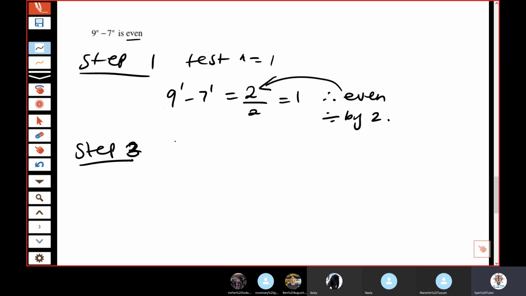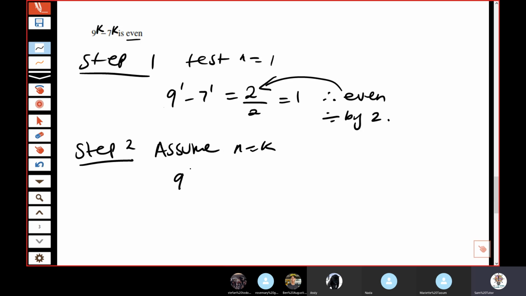Step 3, we're just going to jump straight into it because we can change these to k's. You know what? Let's slow down. Step 2, assume n equals k.